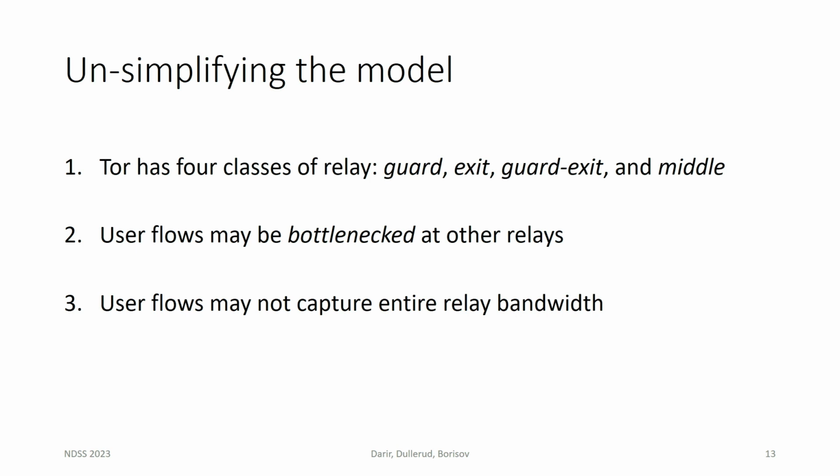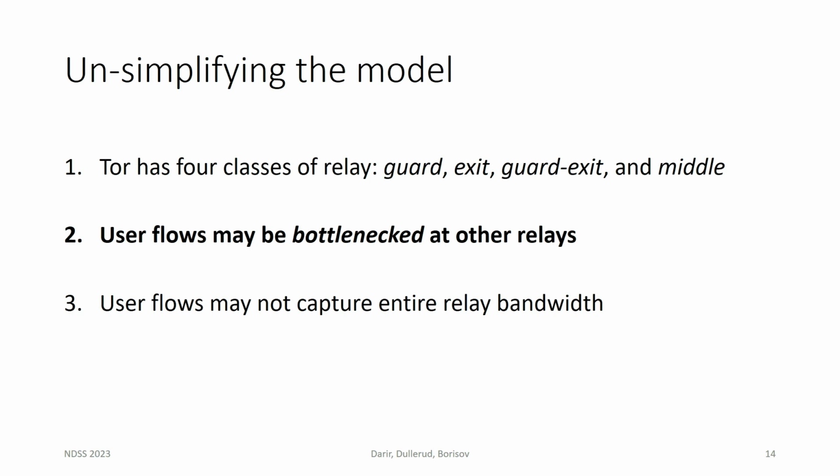And then we also wanted to look at the fact that this assumption that the capacity of the relay is divided equally among all flows. We wanted to refine that to capture some important interactions. And so let me talk very briefly about this. You can find more details in the paper or in the extended dance remix of this talk that will be posted after the conference.